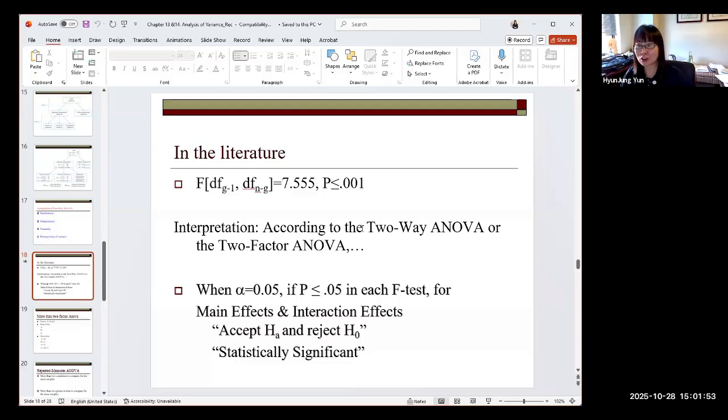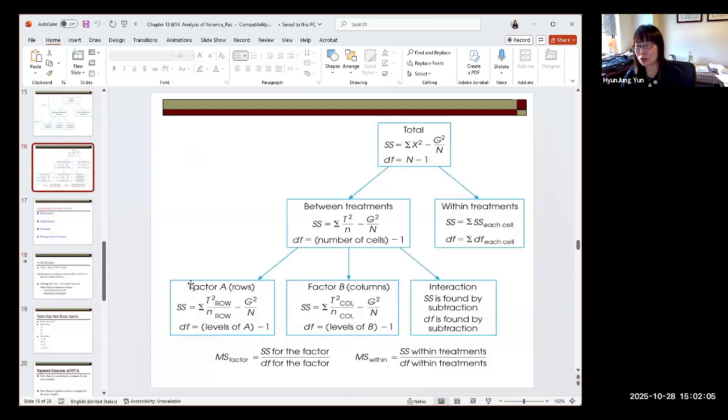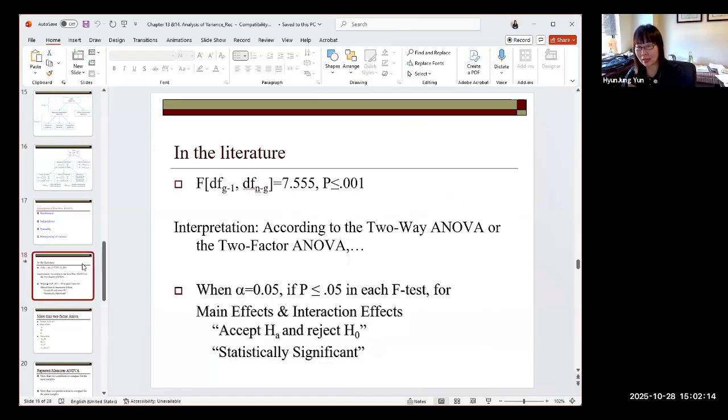In a multi-factor ANOVA test, we actually look at three separate alpha tests: first and second, the main effects, each with a separate test, and third, the test for the interaction. So you're going to write out three different statistical results for two main effects and one interaction effect. That's how you write out a two-way ANOVA test.